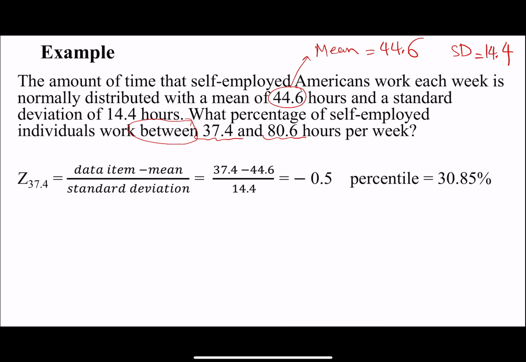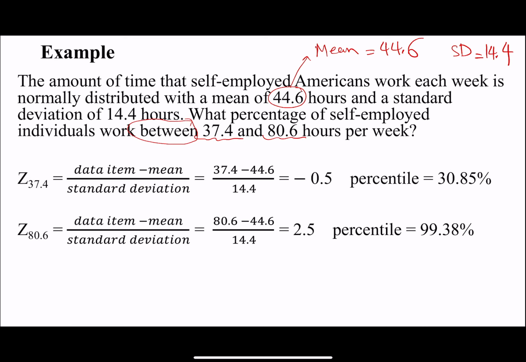The z-score for 37.4 is negative half. Find the percentile, use the table, for negative half. And find the z-score for 80.6, which is 2.5. Find the percentile. Okay, so be careful when it's negative and when it's positive.